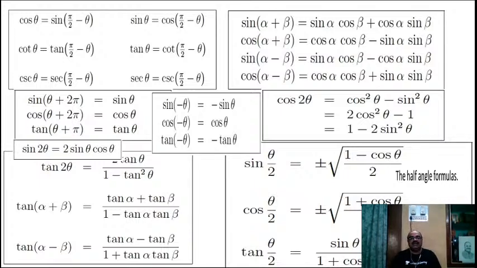In the third quadrant, tan is positive, which means even cot is positive, but sine, cos, secant, cosecant, all these 4 will be negative. And in the fourth quadrant, cos is positive, or secant is positive; the remaining 4, sine, cosec, tan, cot, are negative.